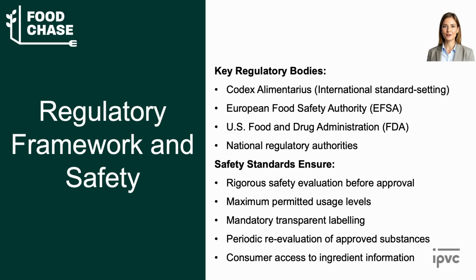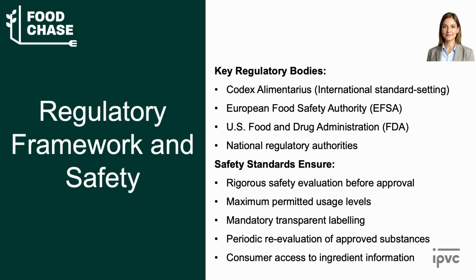Safety is paramount. International bodies like the Codex Alimentarius establish global standards. The EFSA in Europe and the FDA in the United States conduct rigorous assessments of additives before they're permitted in food. These frameworks require manufacturers to use additives only within prescribed limits, ensure transparent labeling so consumers know exactly what's in their food, and periodically reevaluate previously approved substances as new scientific evidence emerges.